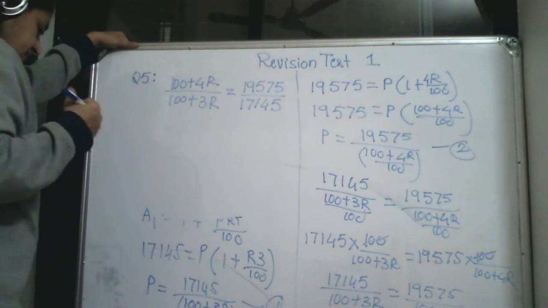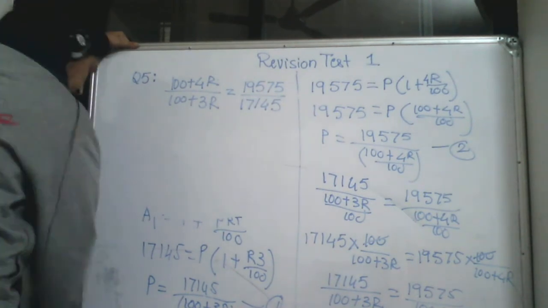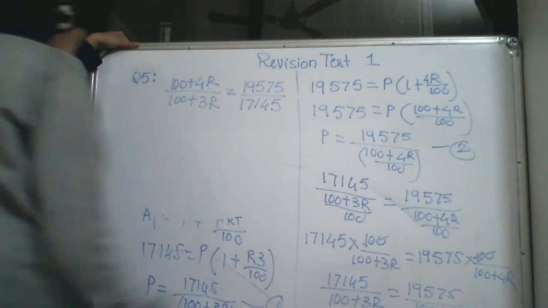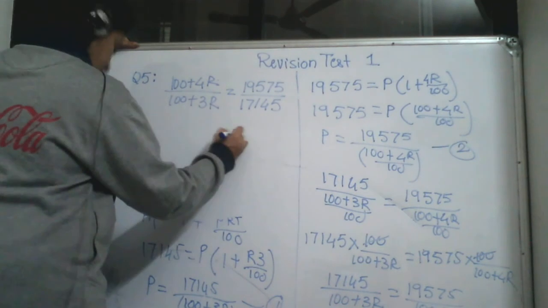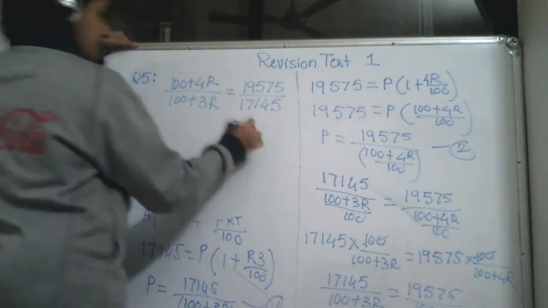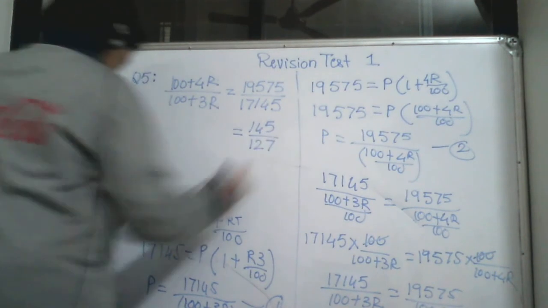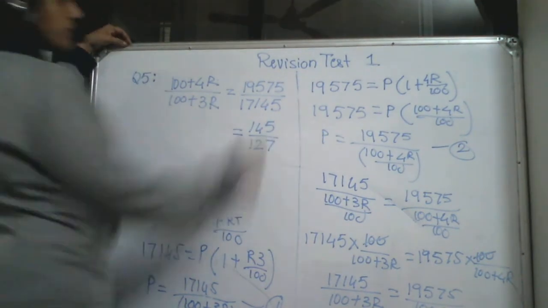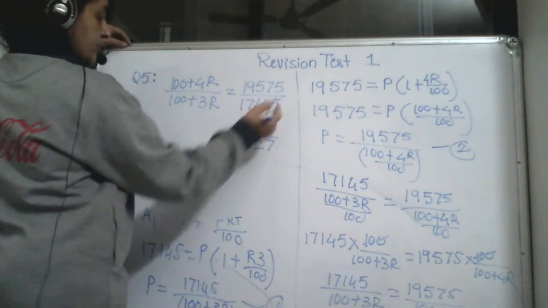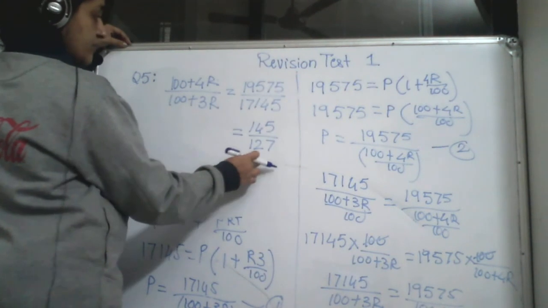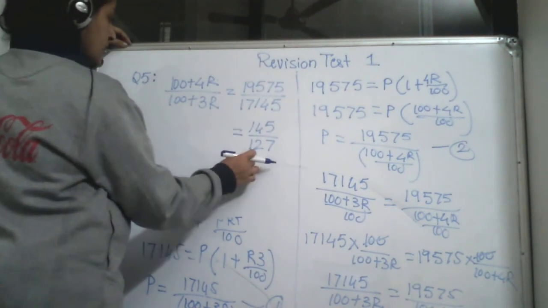Now what else can be done here? You can cancel it. These two can be brought down to 145/127. How? You can go ahead with the smaller numbers first, by 5, and look at what you get. You will get the reduced numbers 145 upon 127.